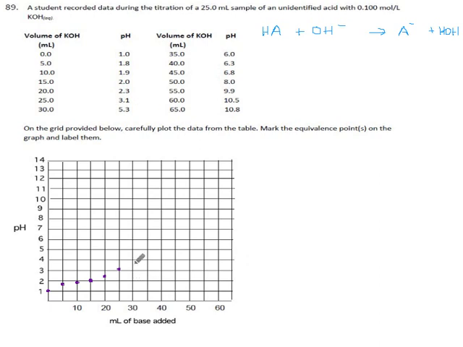30 mil, we're up to 5.3. 35 mil, we're up to 6. 40 mil, 6.3. 45, 6.8. 50, 8.0. 55, 9.9. 60, 10.5.